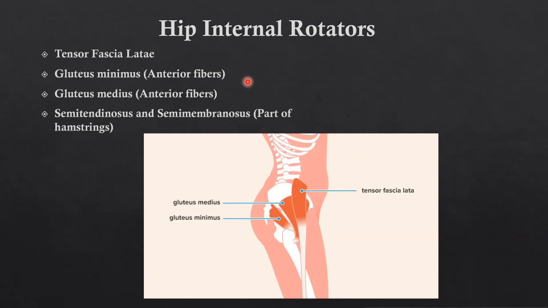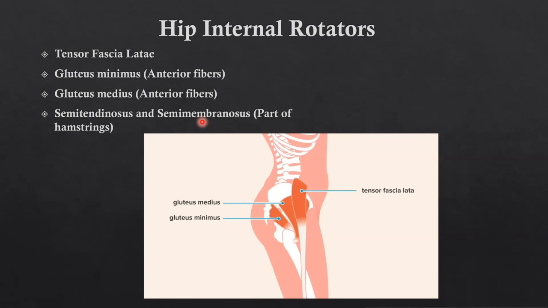However, for hip internal rotators, along with those muscles, we have our TFL muscle, and we also have our semitendinosus and our semimembranosus. Again, please note that the internal rotation action from the semitendinosus and the semimembranosus comes from the fact that these muscles will attach more so on the medial side of the tibia.